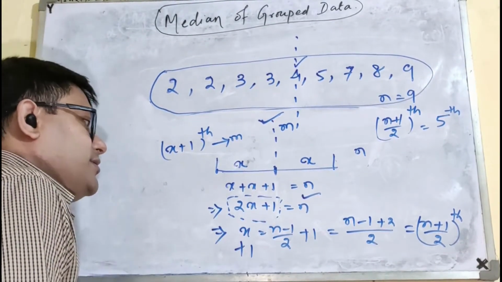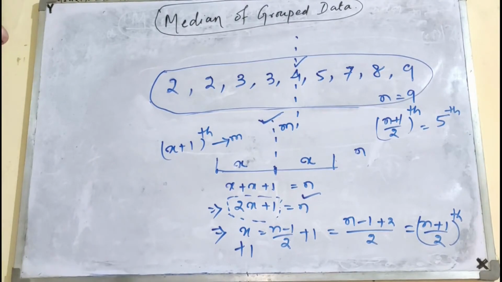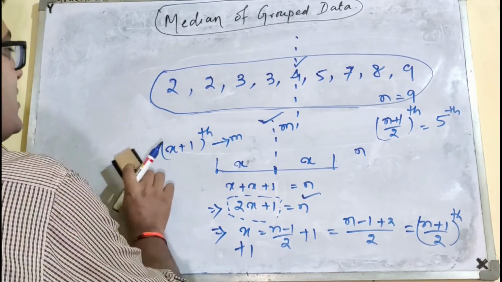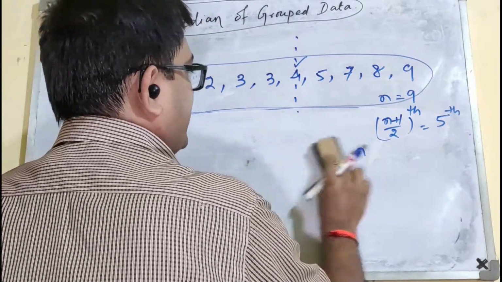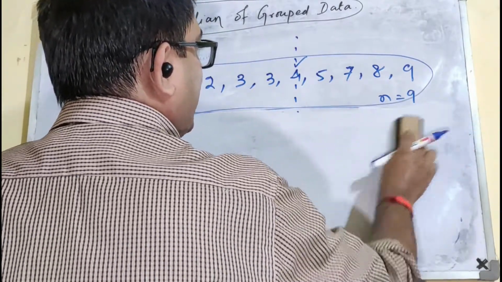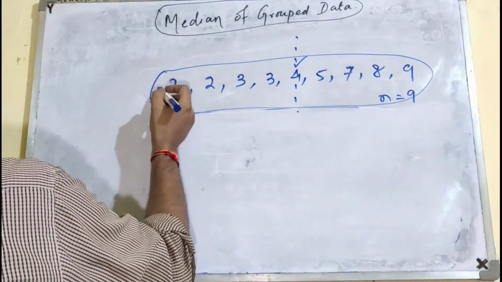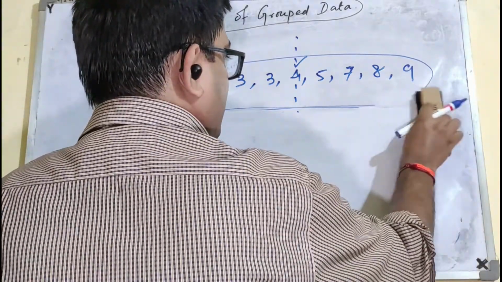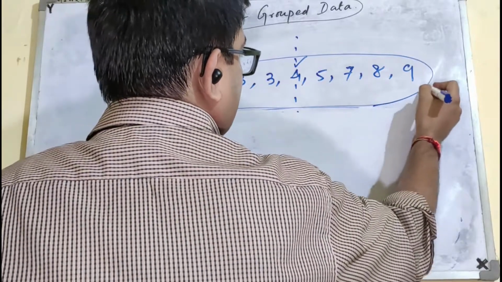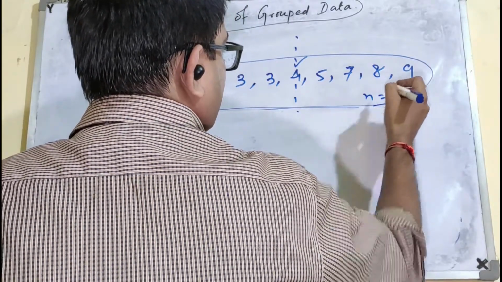What if the total number of data points is even? Let us modify the example that we have by adding, let's say, a student who's got just 1 out of 10. In this case, n becomes 10.